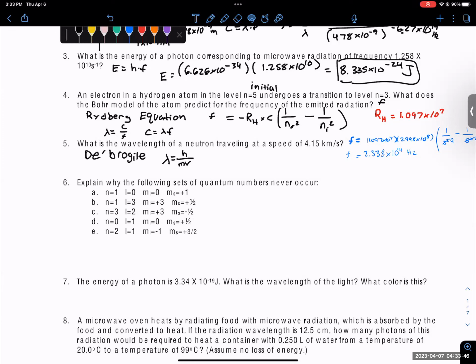You want to come do this one? Yep. Rich will go over it in about 30 seconds. Whereas the mass of a neutron is that particular number. Is it the same as the mass of an electron?